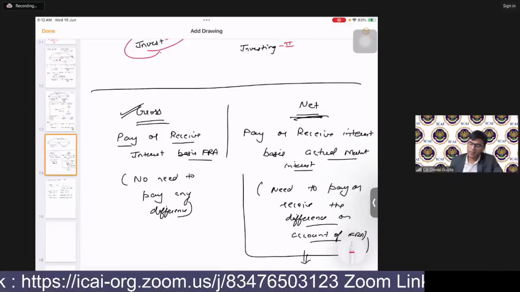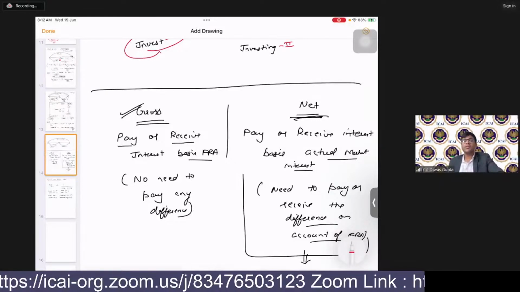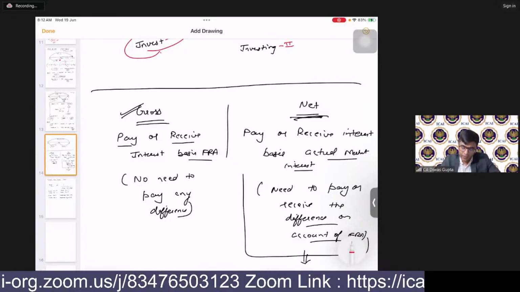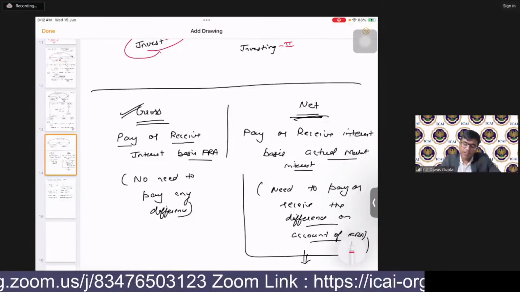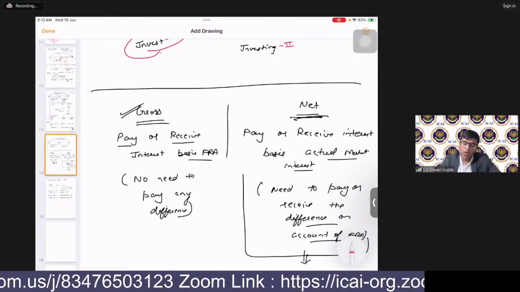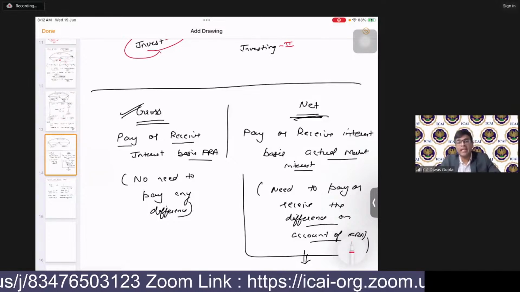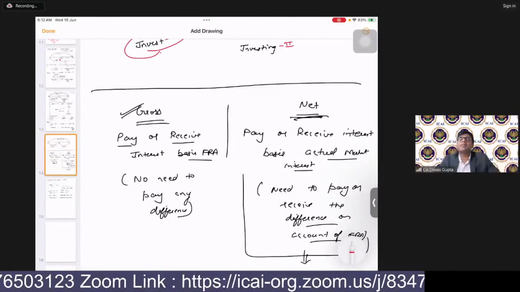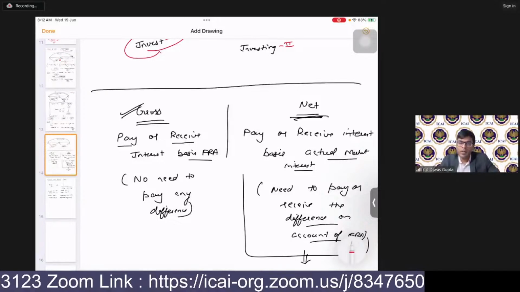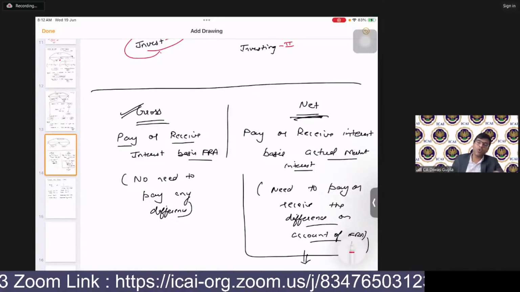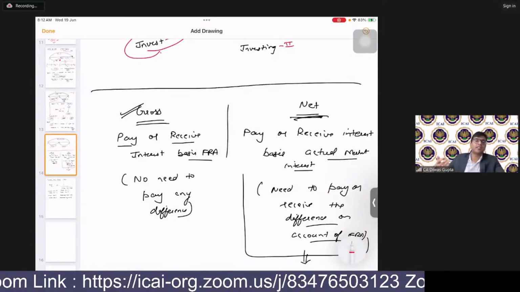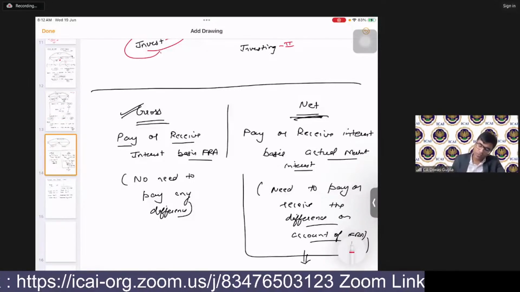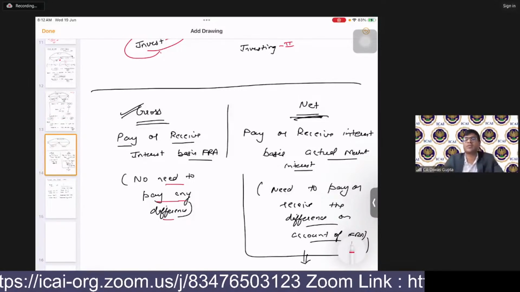Okay, students. Now, we also discussed how we do the gross and net settlement, students. So gross is whenever you pay or receive interest basis the FRA. You 100% pay and you 100% receive. In case you have borrowed through FRA, you have to pay the interest. In case you have invested through FRA, you have to receive the interest. So no need to pay any difference, students.